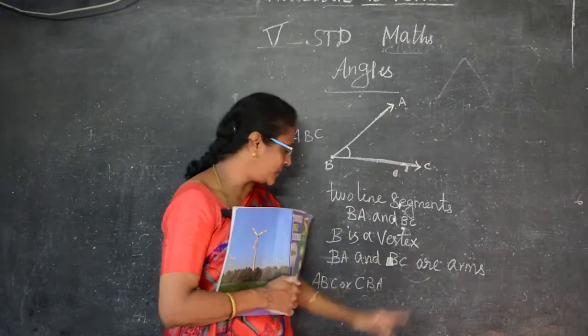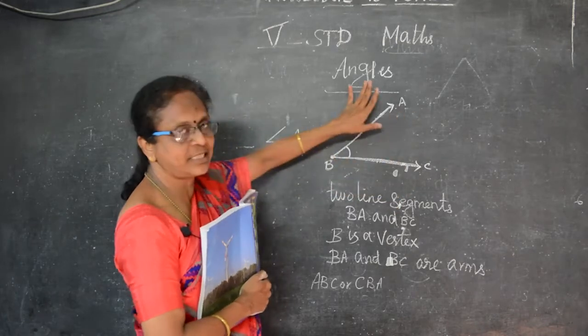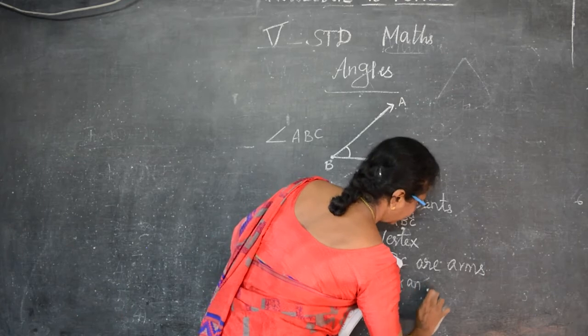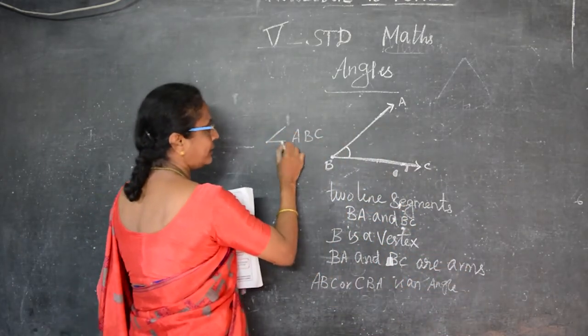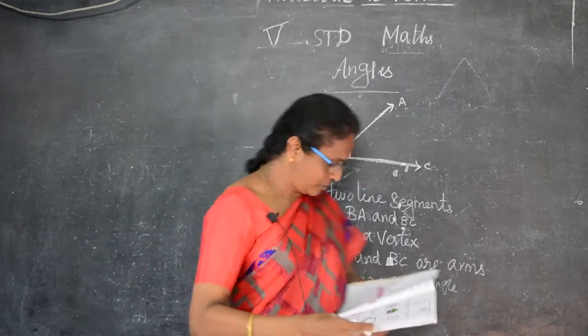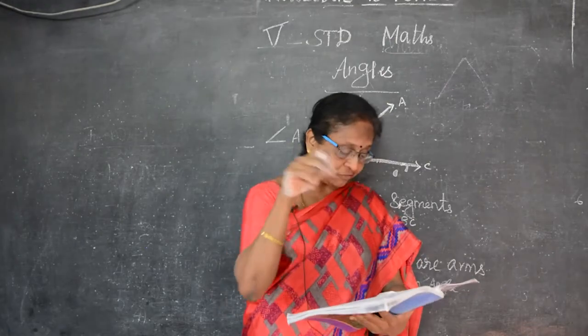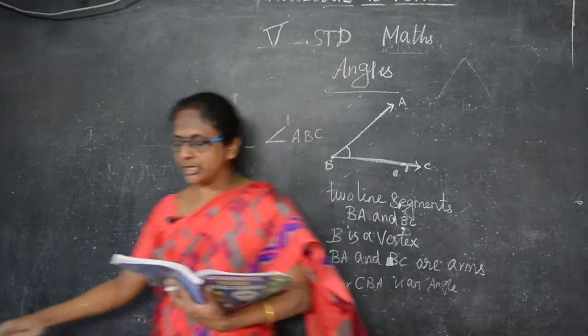These are the two arms. We can say ABC or CBA is an angle. And an angle should be denoted with this symbol, angle ABC. Okay, now I'll give some figures and we can find the name of the angle, the vertex and the two angle arms.